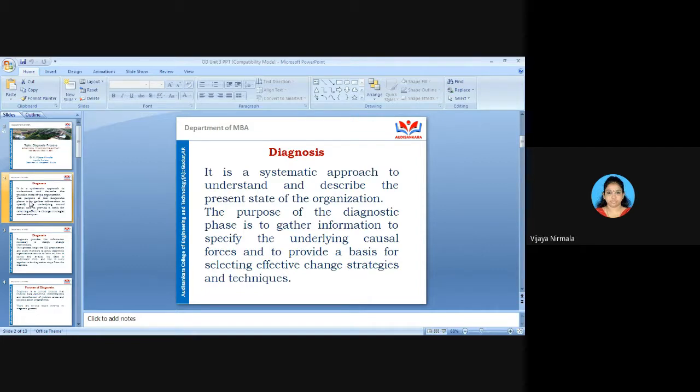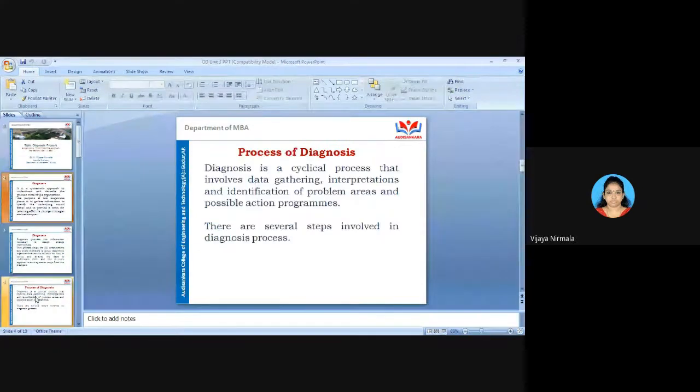For example, what is the outcome if it is accurate or inaccurate, or if any faulty diagnosis has been made? When you are conducting an organization development program, a faulty diagnosis will be more costly as well as ineffective.